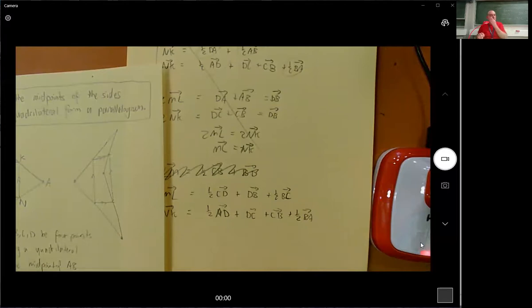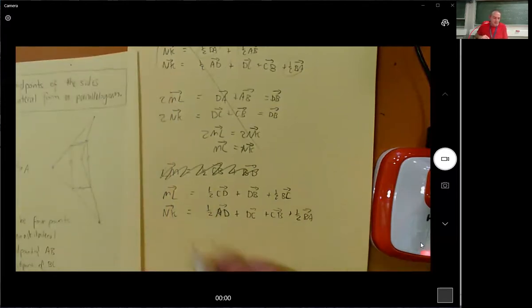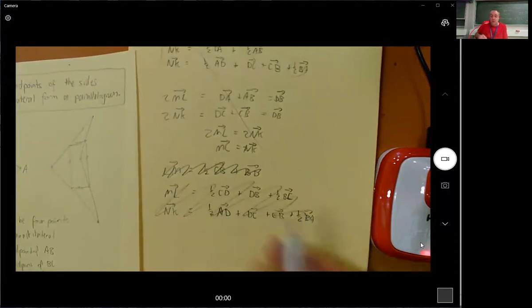Well, I have a proof, so I might leave it at that. I just felt like it, I don't know, it just looked a bit clunky. But I do have a proof, so I'm just going to leave it at that.